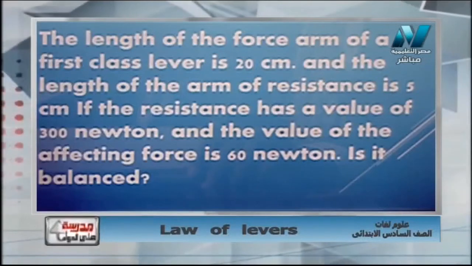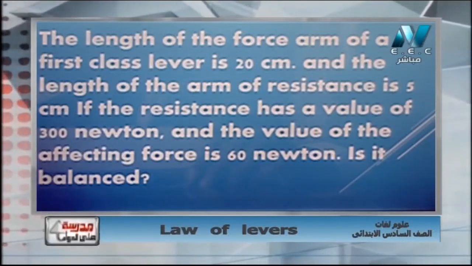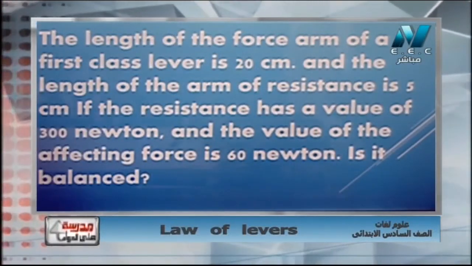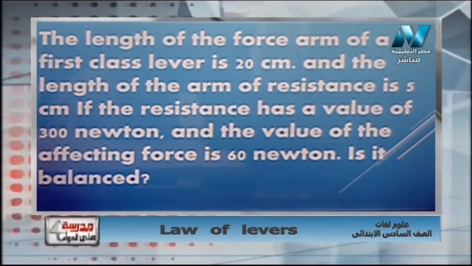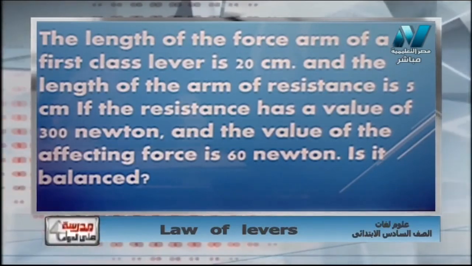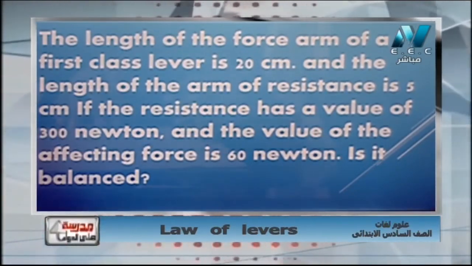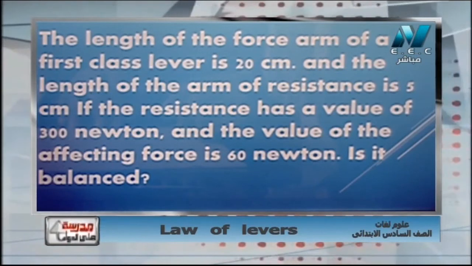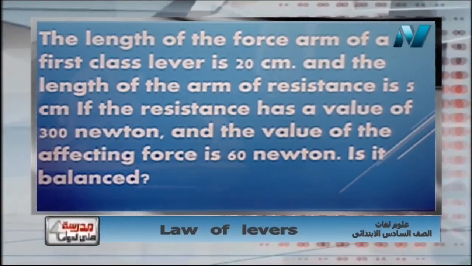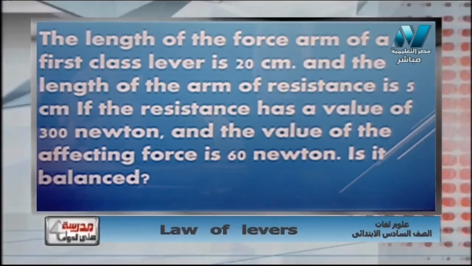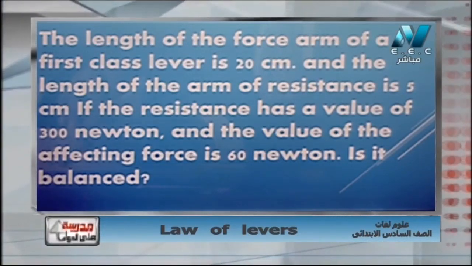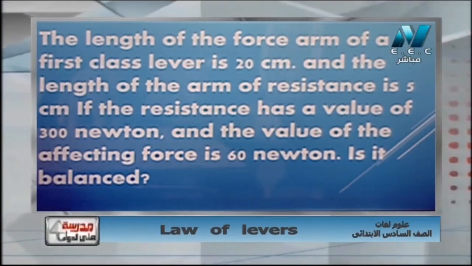Another trick, my dear students, in another problem: the length of the force arm of a first class lever is 20 centimeter. And the length of the arm of resistance, here resistance arm R.A. equals 5 centimeter.